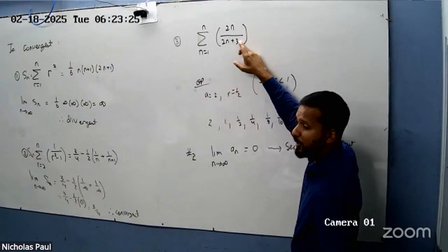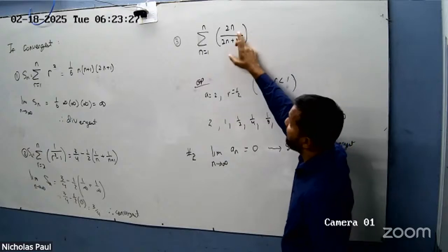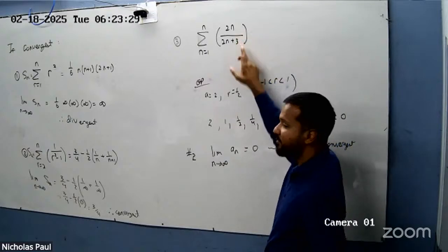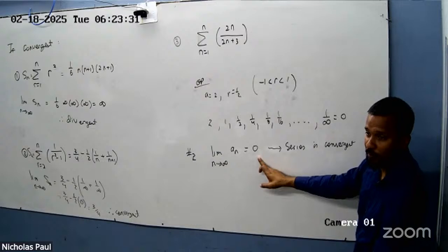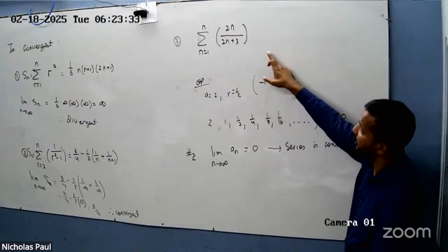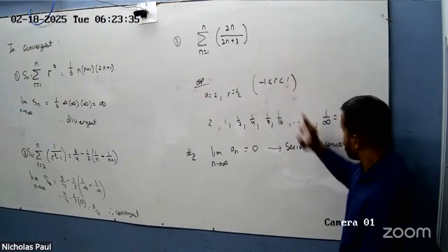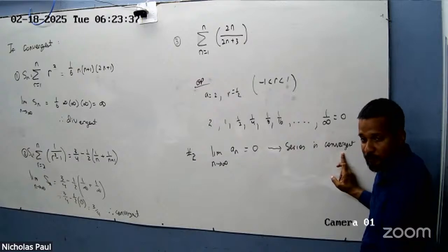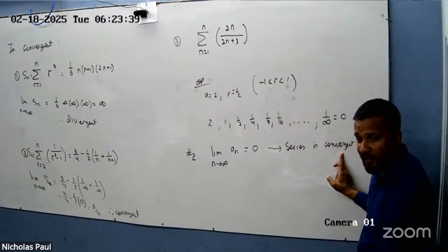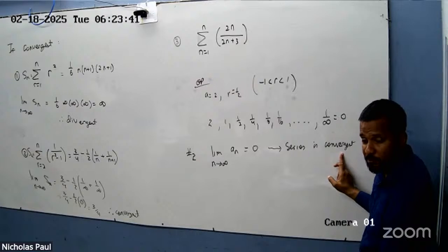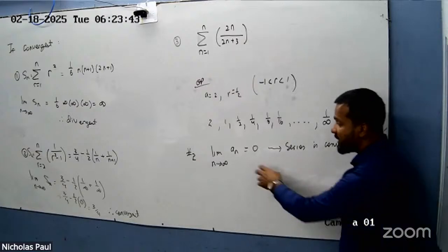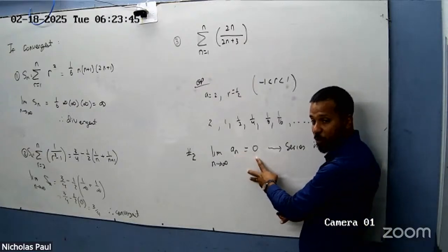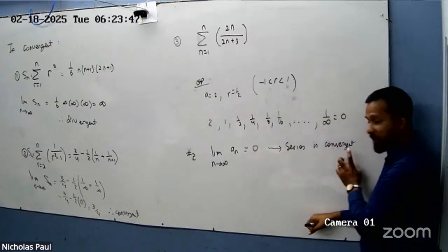So divide by the highest power and see if the sequence tends to 0. If that happens, then this series is convergent. Do you understand that? So you're checking to see if the sequence tends to 0, right? If this happens, convergent.